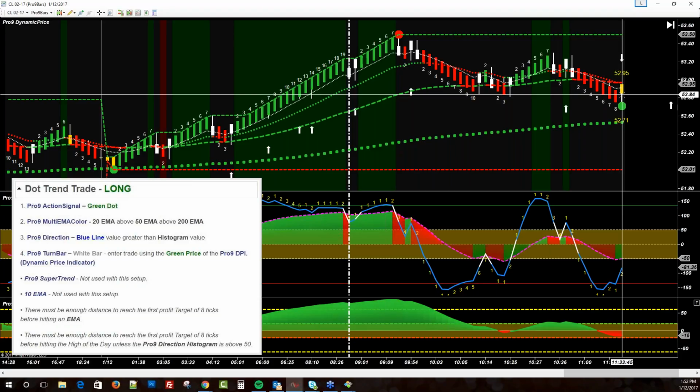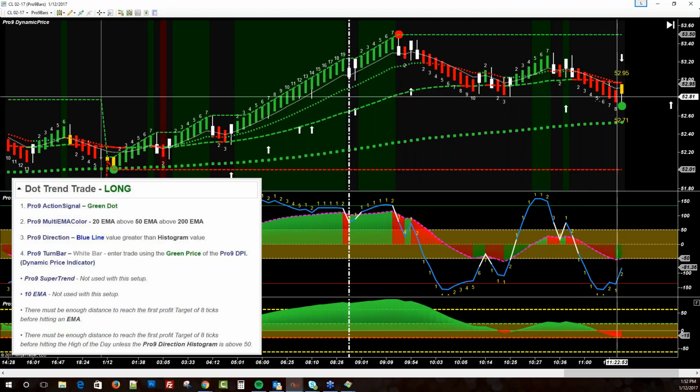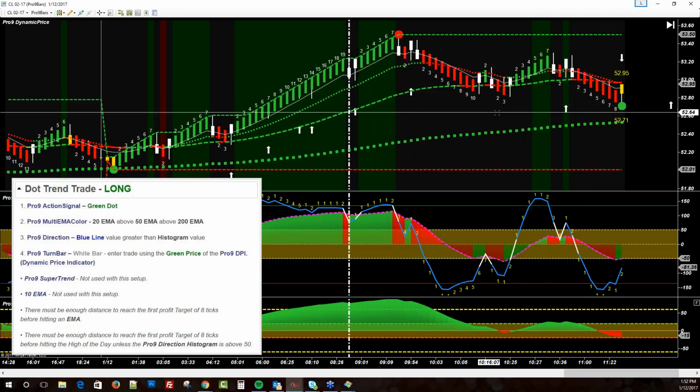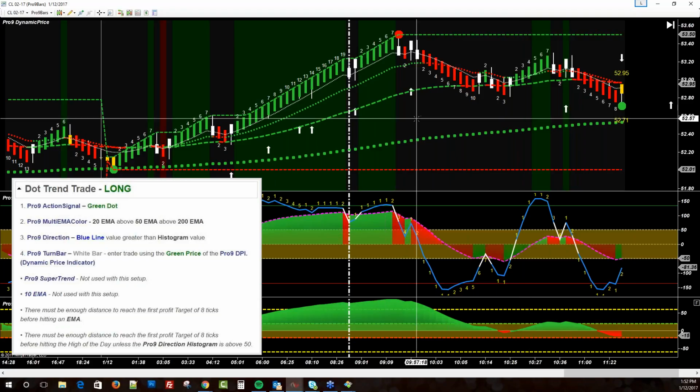And something also I would like to point out, and one of the reasons why this may be a little trickier initially, is since we're not looking for the 10 EMA to be in the correct order, this trade will almost always appear when we don't have a background color confirmed. And I think that's an area where when we see a black background, our EMAs aren't in any kind of order to look for a trade.